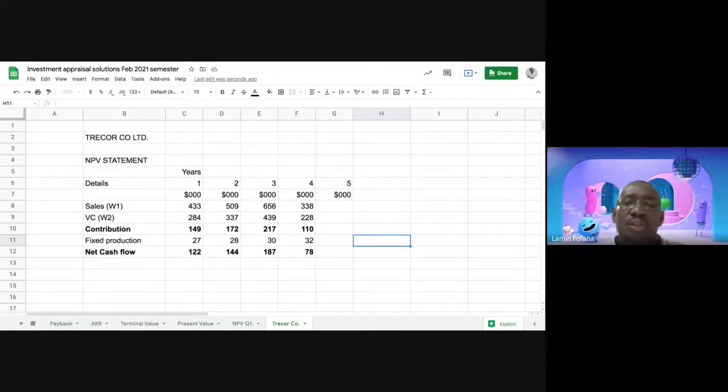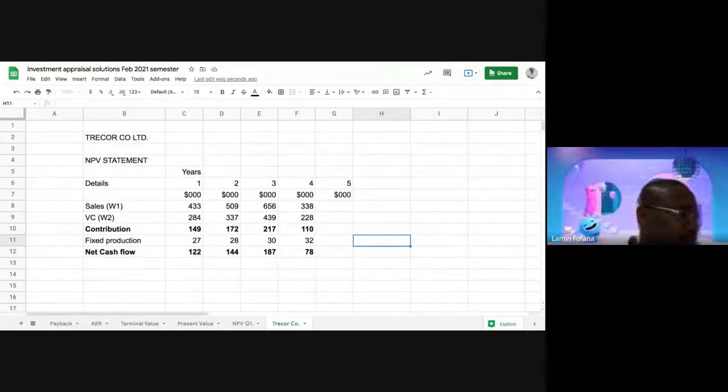The disposal proceeds will be an inflow and the tax will be an outflow. But then there will be something else. Okay, so let's go back to the question, the last paragraph. It says that Treco company has a real cost of capital of 5.7 and pays tax at an annual rate of 30%.